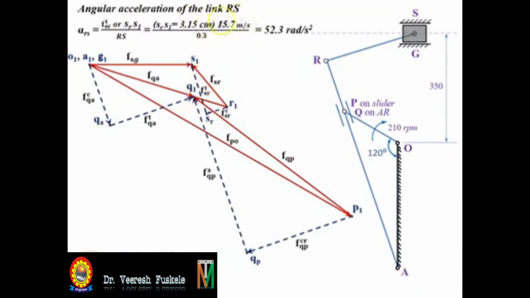It is converted to the scale, and it will be meter per second square here again. So this will give us the angular acceleration of the link RS as 52.3 radian per second square. So this is how you draw the acceleration diagram for the crank and slotted lever mechanism.